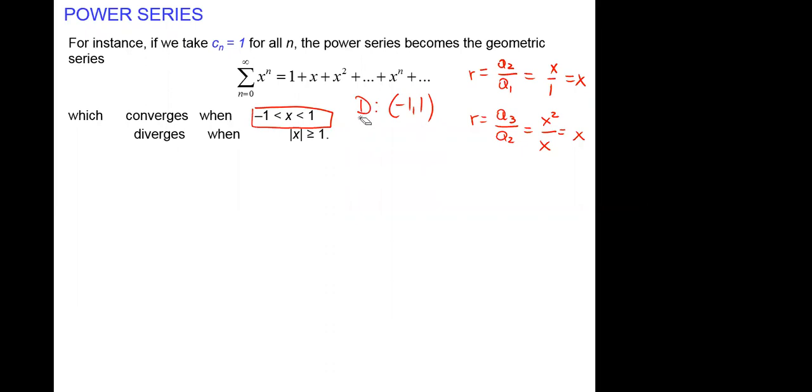As I said, domain is more for a function, of course, but we will call this an interval of convergence. The interval of convergence is only the set of x between -1 and 1. And then I can talk about this as a function.